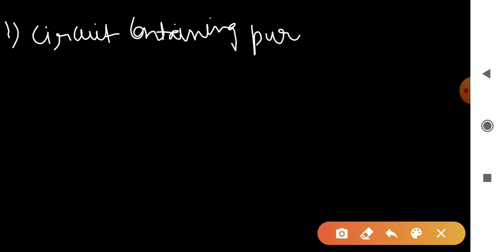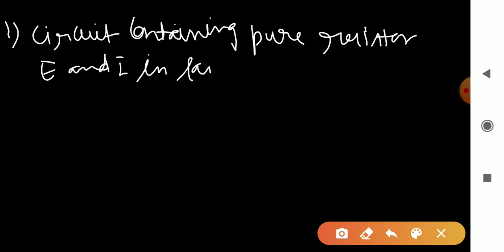So let's talk about the circuit containing pure resistor. We know that in a circuit containing pure resistor only, the voltage and current are in the same phase. E and I are in the same phase in this case. So phase angle phi is 0.